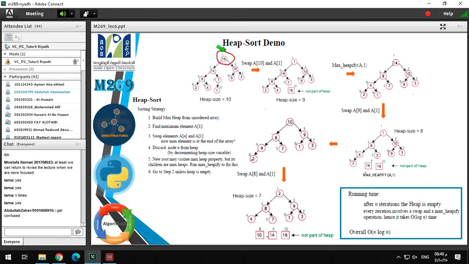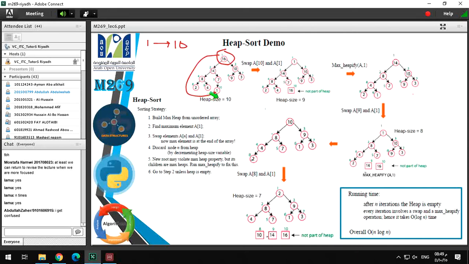Since the root has the largest value, replace the root by the leaf, the last element. So the last element, remember, the array has from 1 to 10. So the last element is 10. So replace 16 by 10.